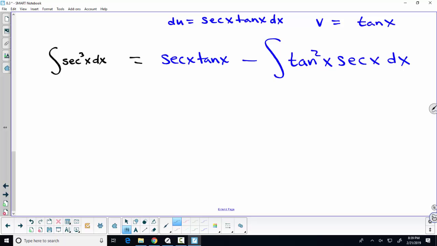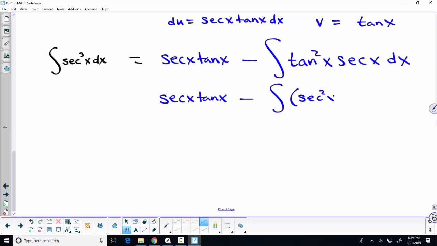So from here, what we need to do is split this tangent squared in terms of secant, Pythagorean identity. 1 plus tangent squared is secant squared.